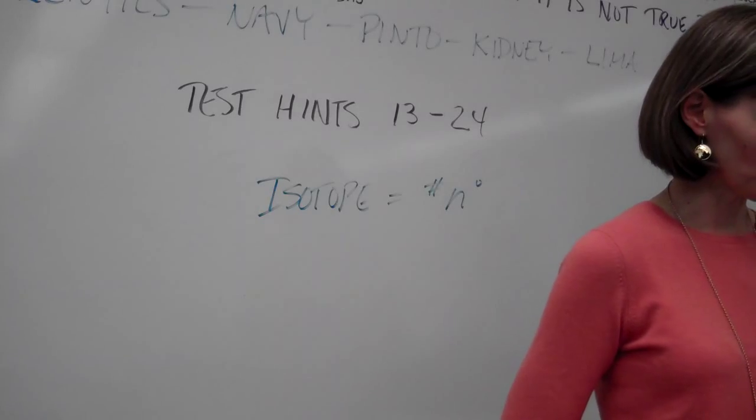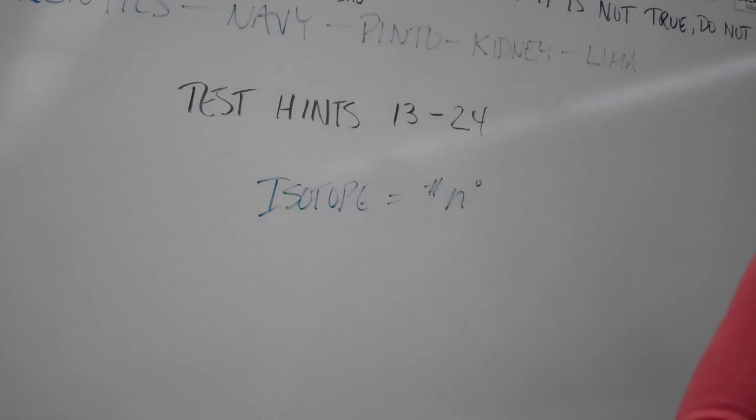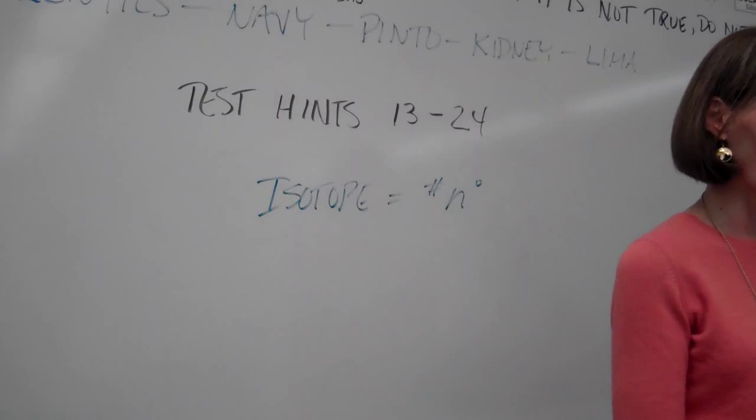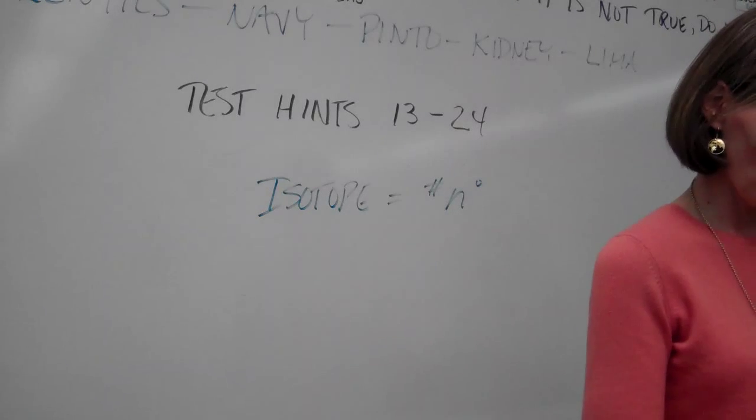Alrighty, number 14. Determine the number of protons, neutrons, and electrons in a given isotope. The answer choices will give you several examples.